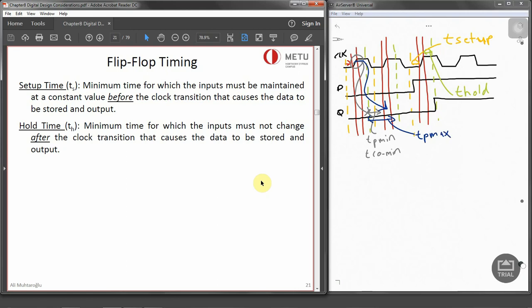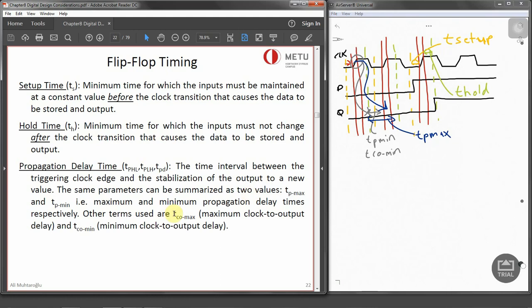When we consider the propagation delay of the flip-flops, there are two of them. One is the maximum, by which the output has to be stabilized after the clock edge changes. And the minimum one is the output's first reaction to the clock change. This can also be summarized in the definition: the time interval between the triggering clock edge and the stabilization of the output to any value.